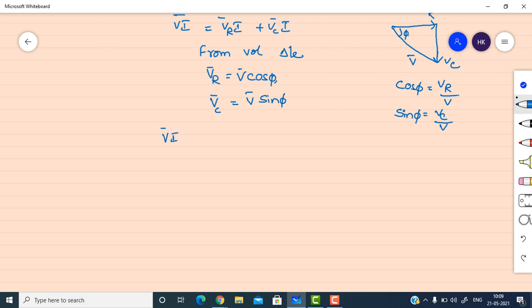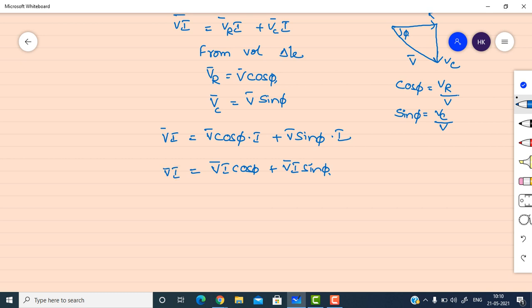VI is equal to, in place of VR, substitute V cos phi into I plus, in place of VC, substitute V sin phi into I. So this is VI cos phi. This is VI sin phi. VI is which power?